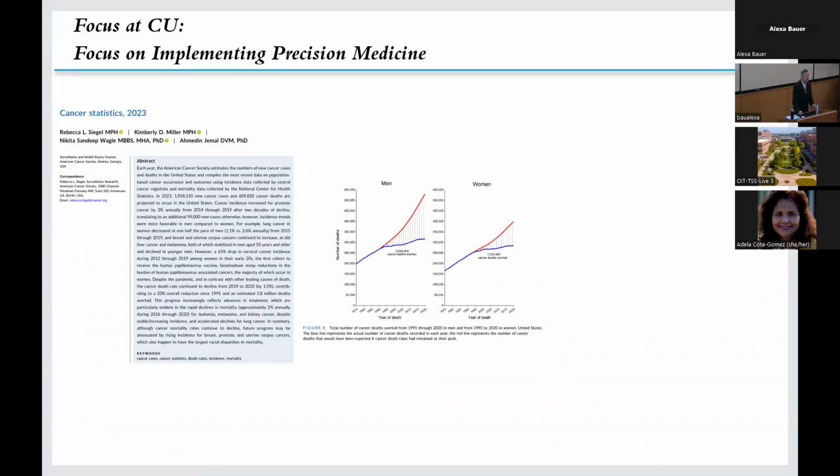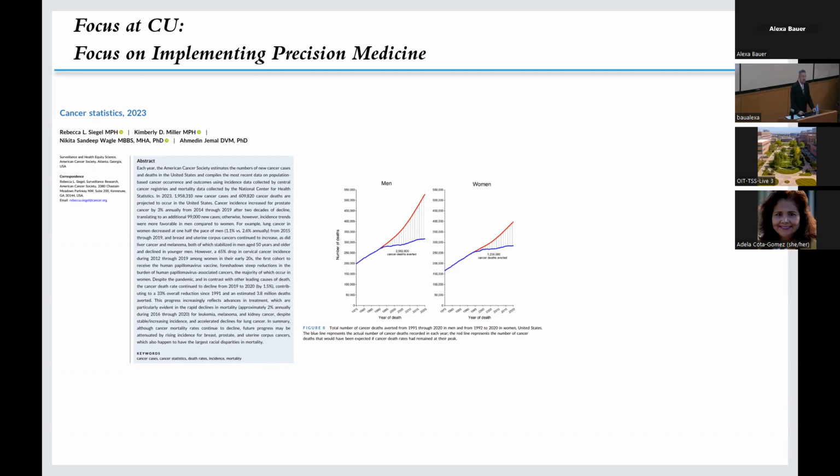When I decided to talk to you today, I wanted to look at the data from the ACS, the American Cancer Society, that usually comes out every year in the first week or second week of January. And the data shown on this slide is actually a reason for all of us to come to work every day.